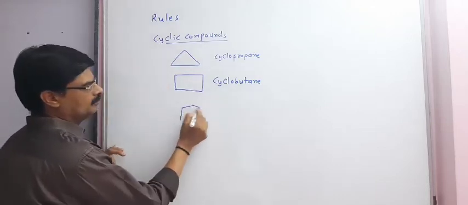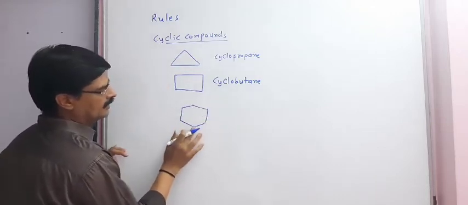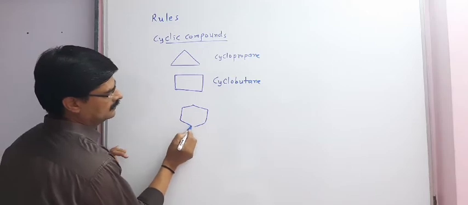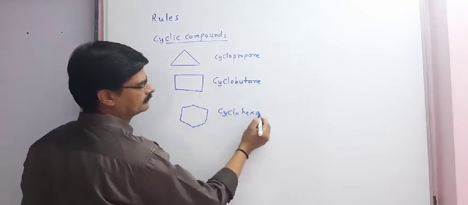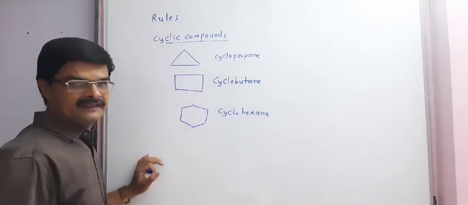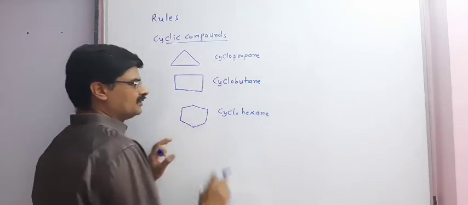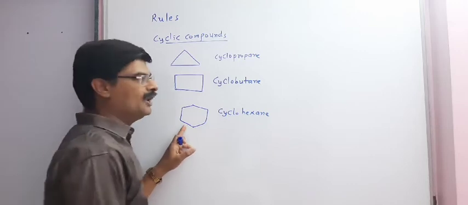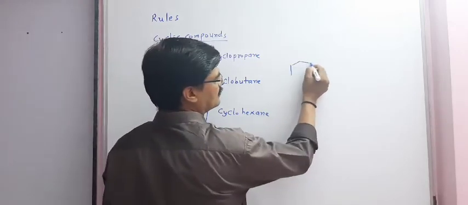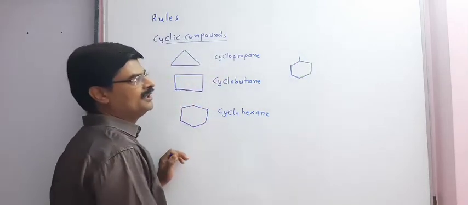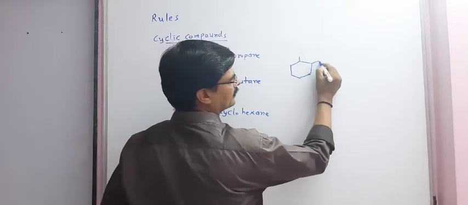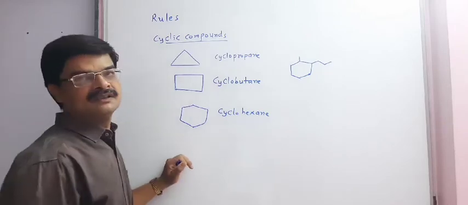Now another example, cyclohexane. But if substituted cyclo compounds are given, let us take an example where a methyl group is present and here a propyl group is present.